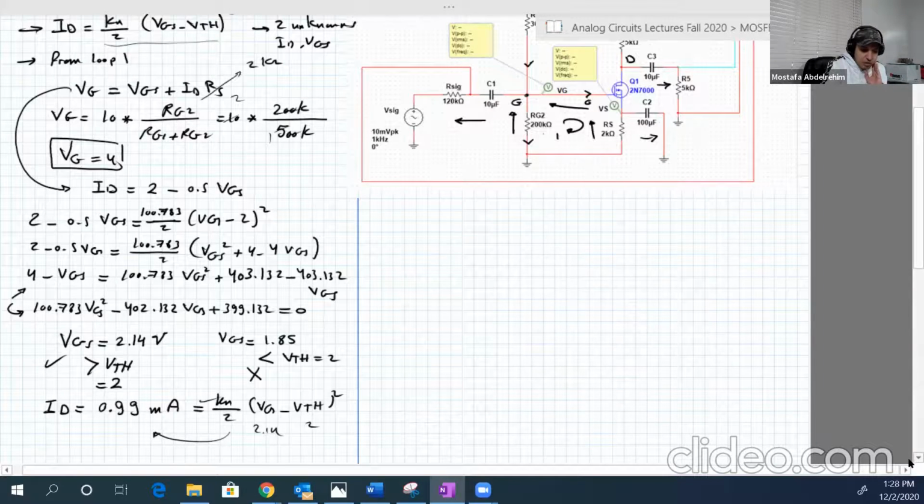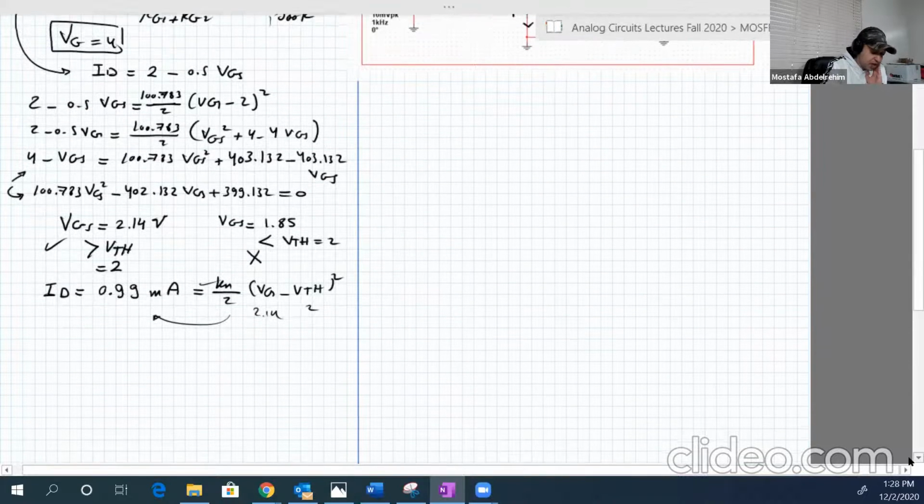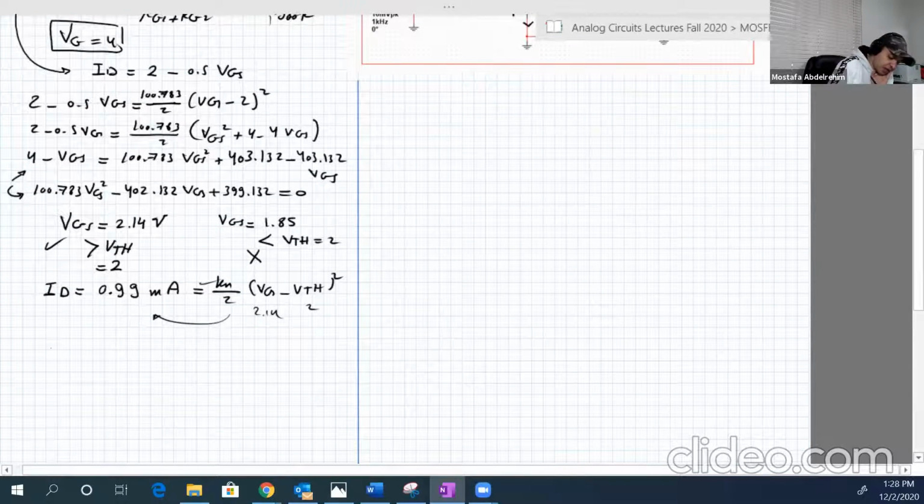Okay, now we know the DC analysis. We know ID, we know VGS. Now let's calculate GM. GM is equal to Kn times (VGS minus V threshold).